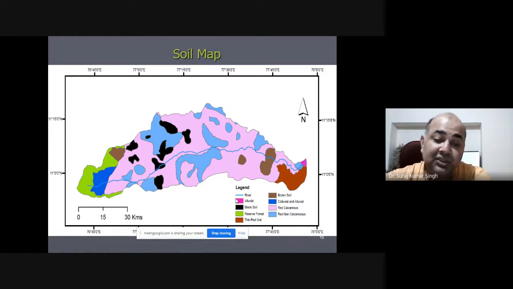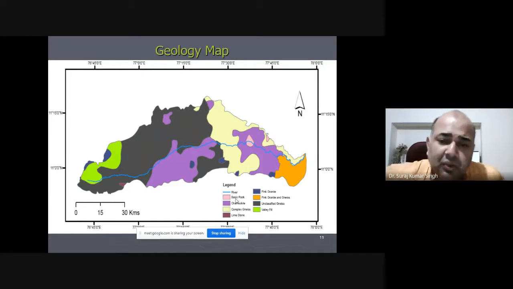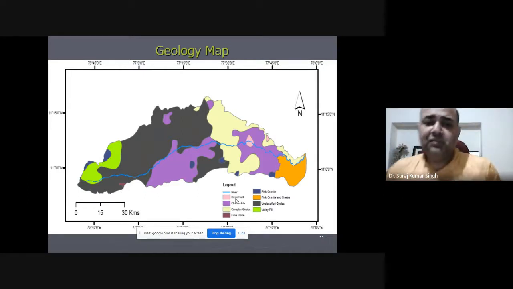That's why remote sensing is very important, because by seeing the map we can comment on the various kinds of soil types available in that area. Thereafter, groundwater recharge depends on your geology.